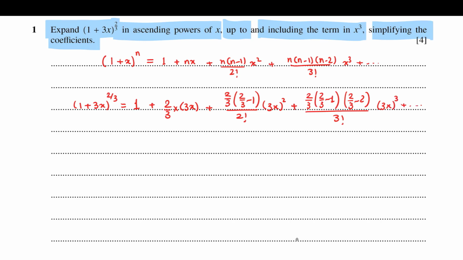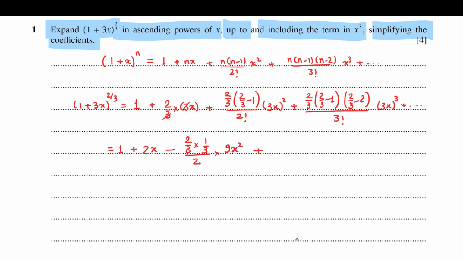So next we'll simplify. This 3 gets cancelled with this 3, so we have 1 + 2x, and here the next one, 2/3, and then 2/3 - 1 is minus 1/3, so it becomes minus, and then 2/3 into 1/3. I took this minus outside, and then 2 factorial is 2, and then (3x) square, that is 9x square.